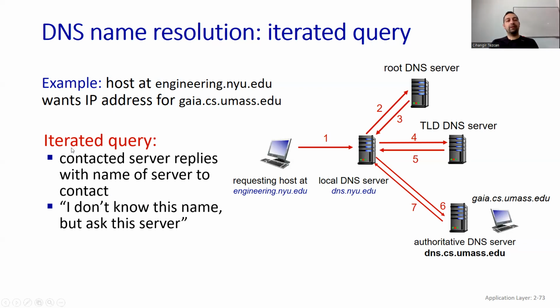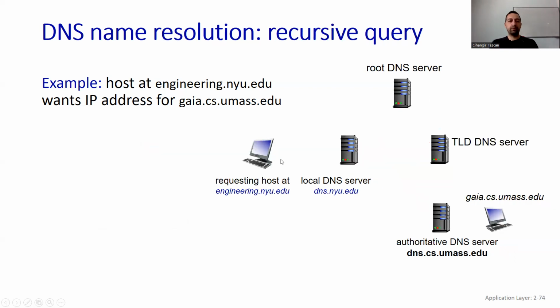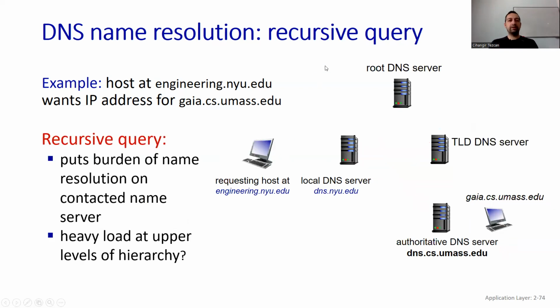So instead of iterated query, you can do something else. Here at the 8th step, we obtain the answer. Now, what you can do is a recursive query. Of course, some domain name servers support it, some do not. This puts the burden of name resolution on the contacted name server, with heavy load at upper levels of hierarchy. The question is that.